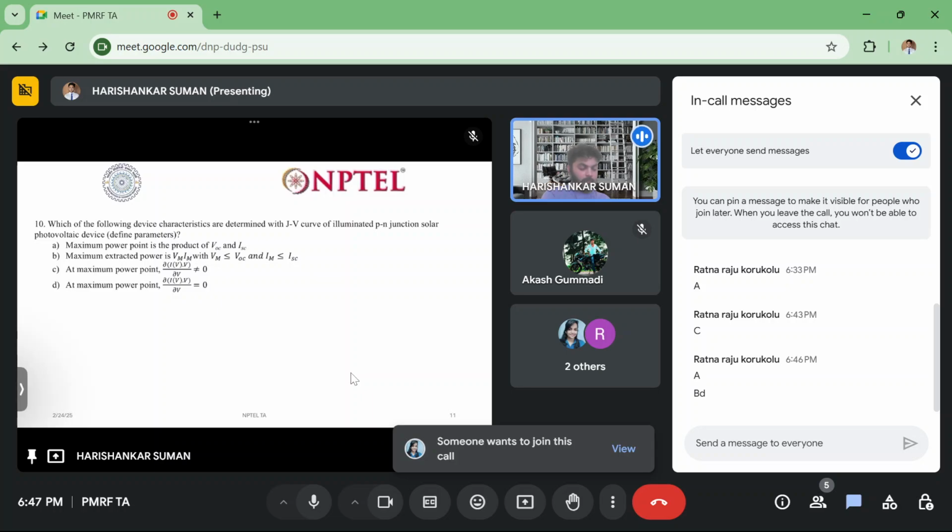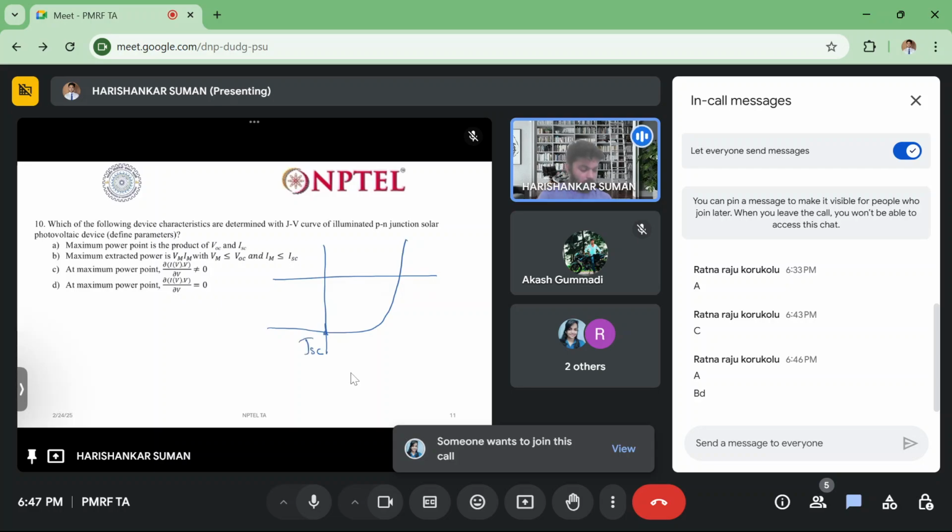Which of the following device characteristics determine the J-V curve of an illuminated p-n junction solar cell photovoltaic device? Let me give you.